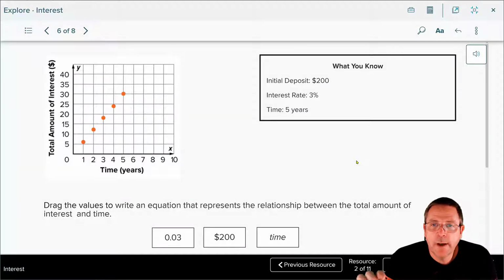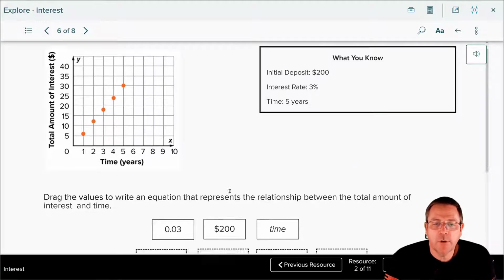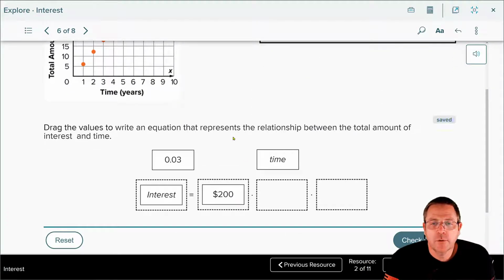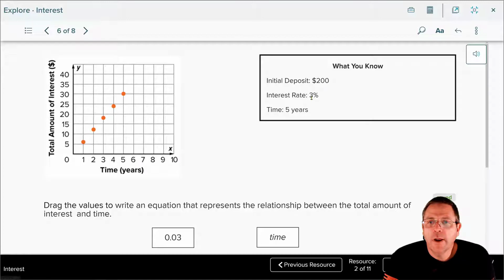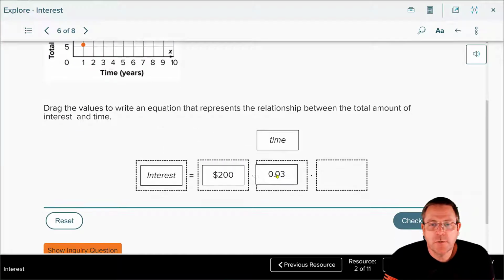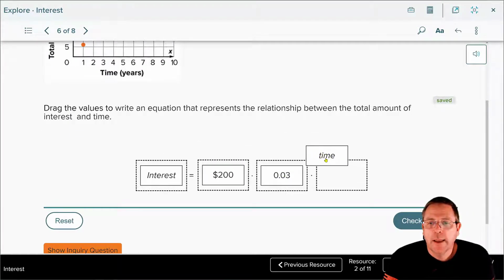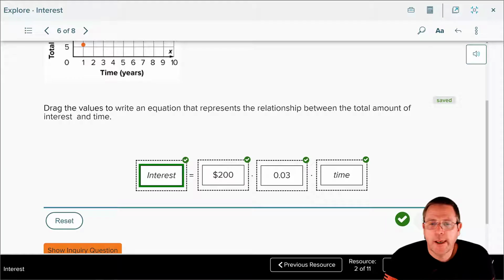Your initial deposit is the principal amount that goes in, so $200 goes there. And then the rate is going to be your interest rate that you see right there, 3%. And of course 3% written as a decimal is 0.03, and then times the time is going to be the last part. And your formula checks: interest equals principal times rate times time.